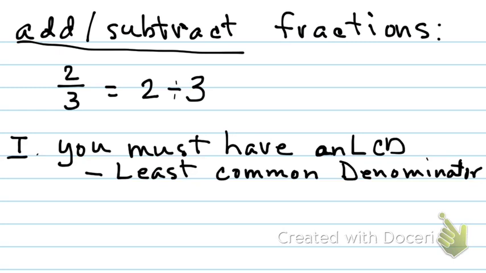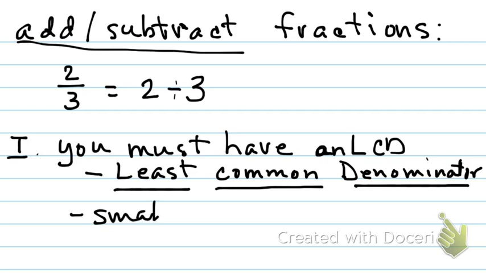So to find the least common denominator, think about what this means. The denominator, of course, is which part of the fraction? The bottom number. If you're looking for the least, that least means smallest, right? Okay? And if something is common, that means it occurs everywhere, right? Okay? So what we're looking for here is the smallest thing.